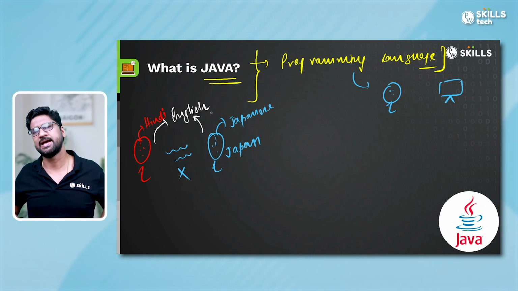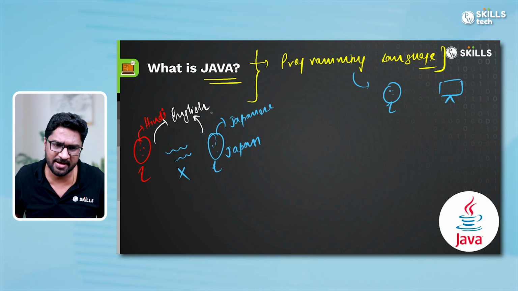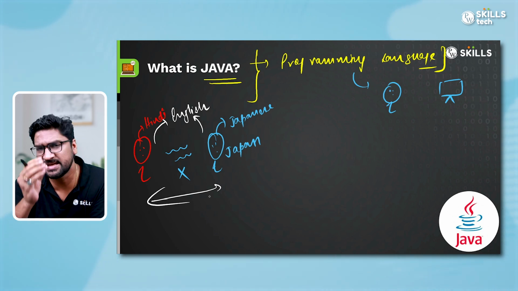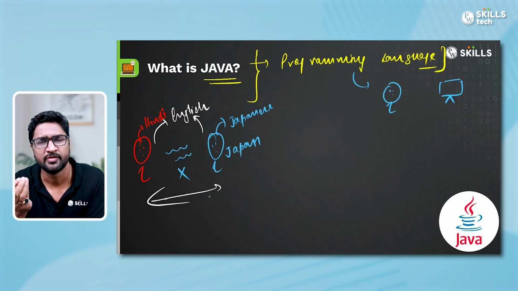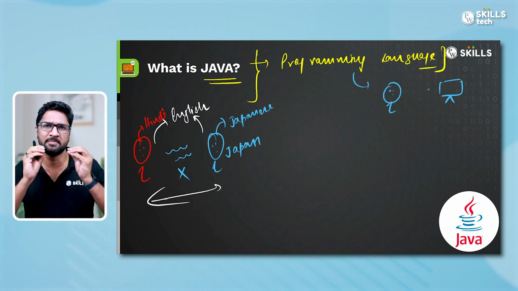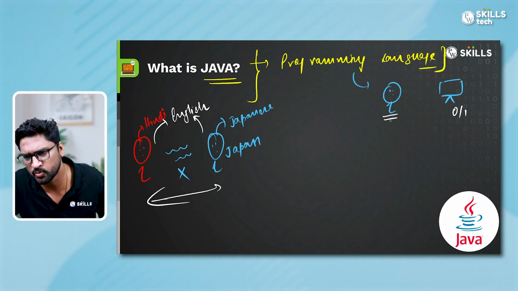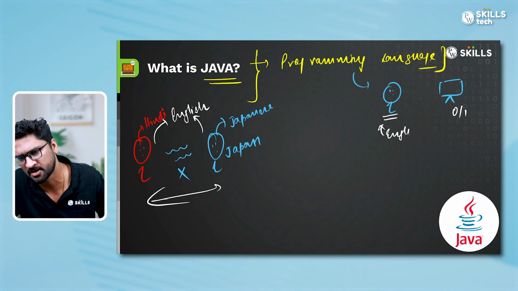The same thing applies in the world of computers. Here, when we talk about humans, who are the smartest species on the earth, they still need something common to converse. Computers are the dumbest creature. They only understand the language of 0 and 1. We as humans understand something called English.